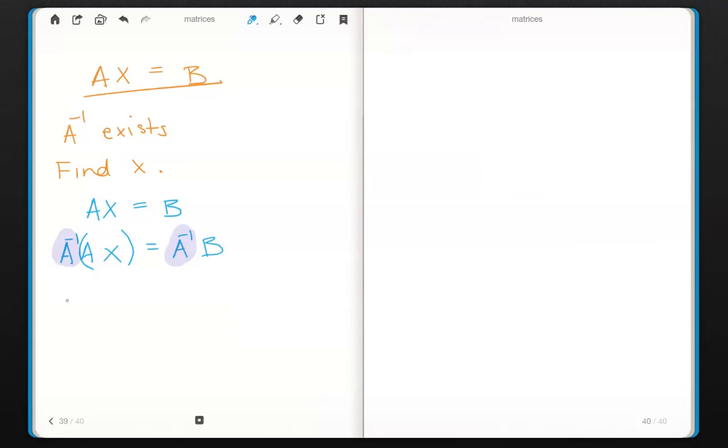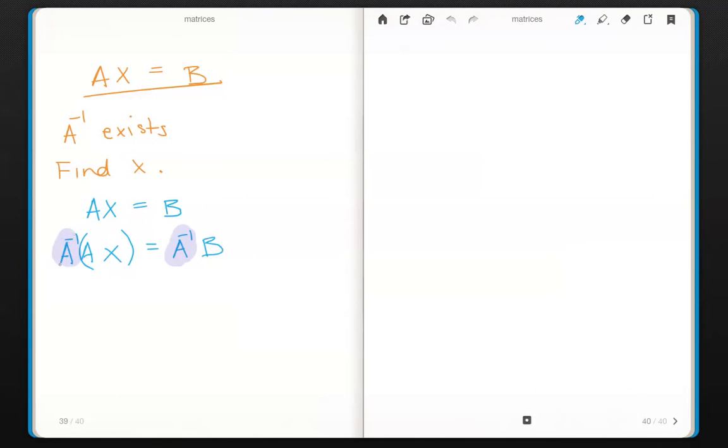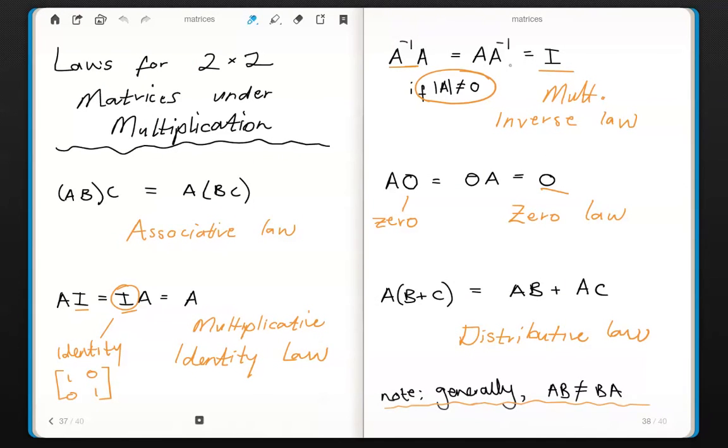Because we know from our associative law, A times BC is equal to AB times C. So here we have A inverse times AX is going to equal A inverse A times X, which equals A inverse B. And we also know that A inverse A equals I. So we have IX equals A to the minus 1 B. And we also know that I times anything is equal to itself.